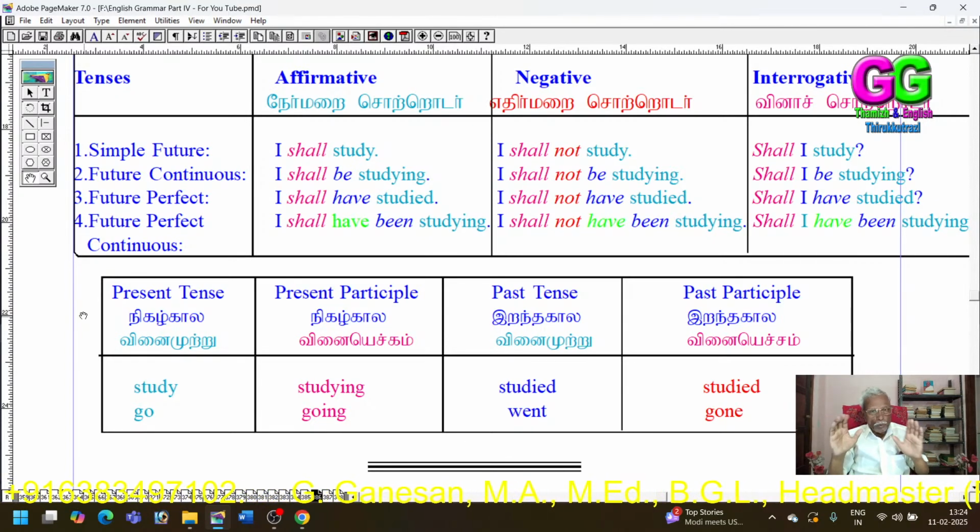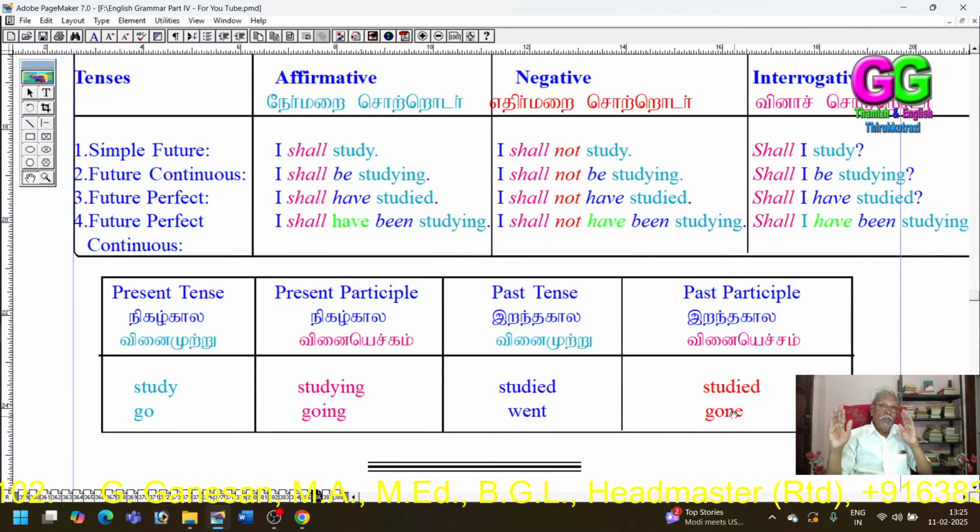Here in verbs, we know there are two kinds of verbs, regular verbs and irregular verbs. See example for regular verbs. Study, studying, studied, studied. The first studied is past tense. The second studied is past participle. Irregular verb: go, going, went, gone.